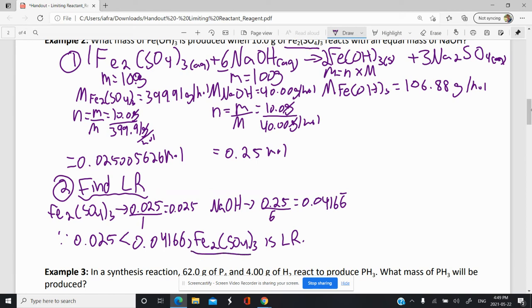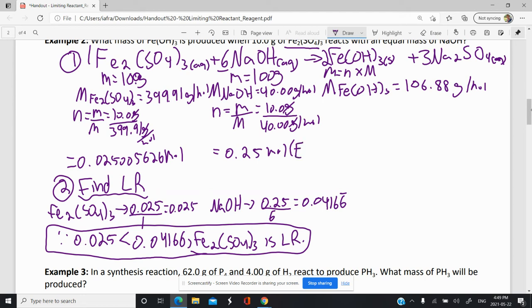So we found our limiting reactant over here. And so now we can use our limiting reactant moles, 0.025005626, and do a mole ratio with the product we want to find the moles of product. We can essentially ignore the NaOH because that's our excess. So I'll label it as excess reactant, and over here, limiting reactant.